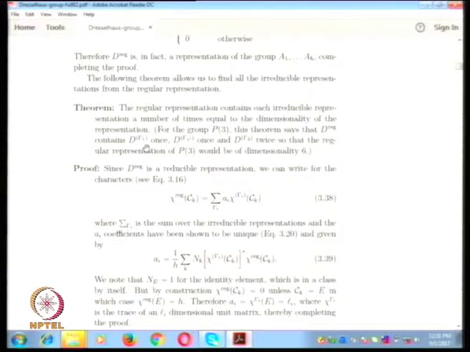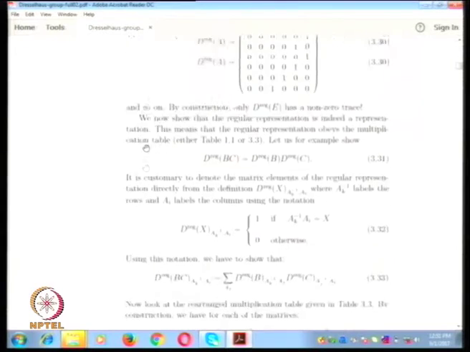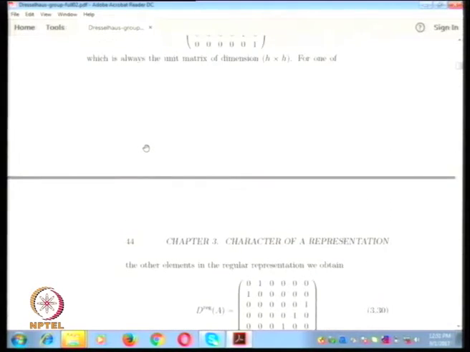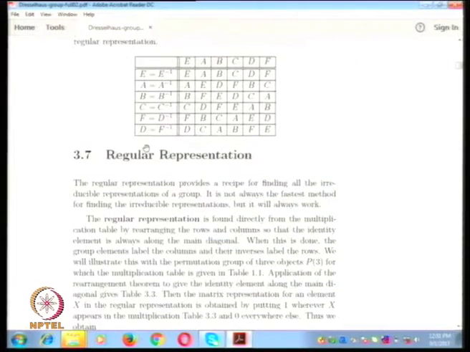Using this trick of rearranging the table until you get everything on the diagonal, the important thing to remember is that it is no longer the multiplication table, it is a rearranged table.